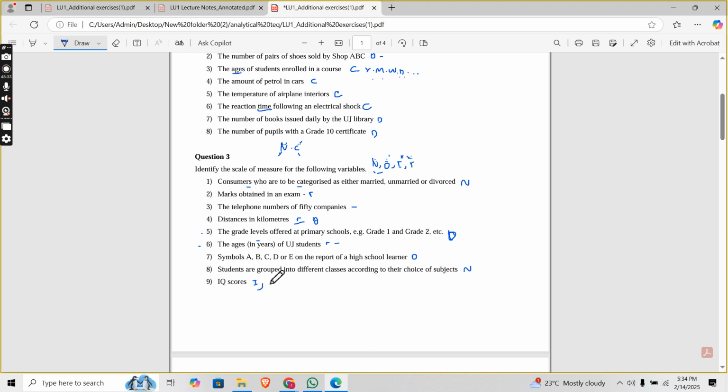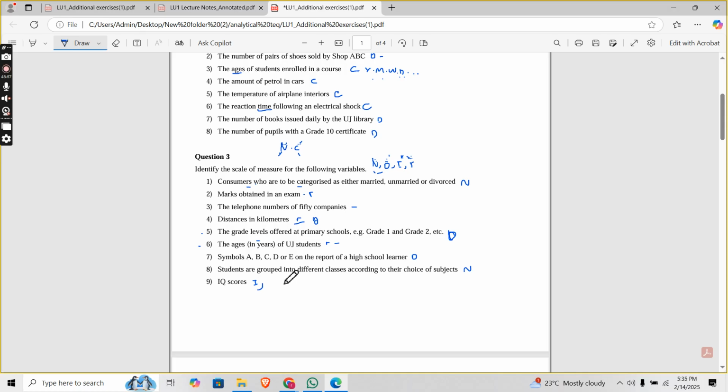The difference between 10 units of IQ and 20 units is the same as the difference between 30 and 40 units of a person's IQ. So the second condition is actually met.